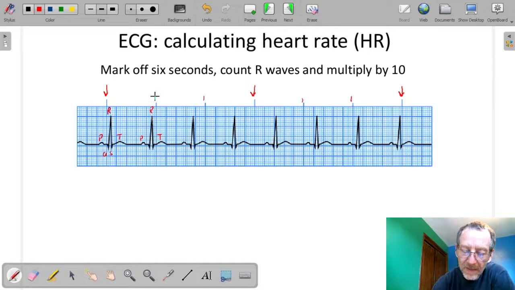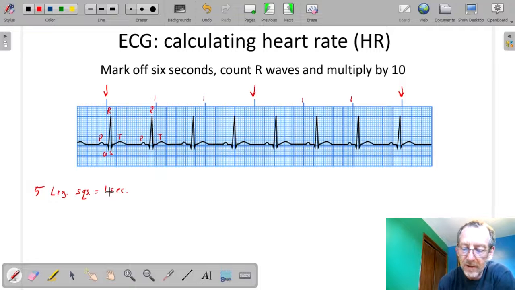And then how much time is between each one of those tick marks? Well, there are 5 large squares. 1, 2, 3, 4, 5 times 0.2 seconds each. That's 1 second. And between the next two is another second, etc. So 5 large squares equal 1 second. That makes it pretty easy.